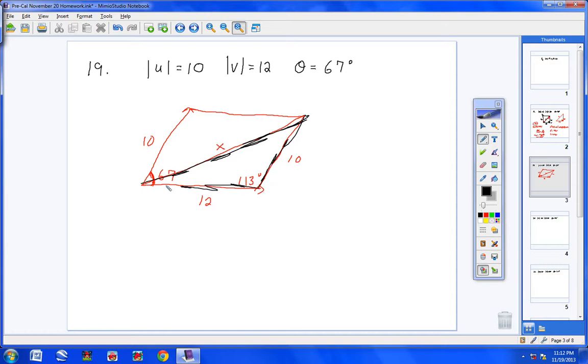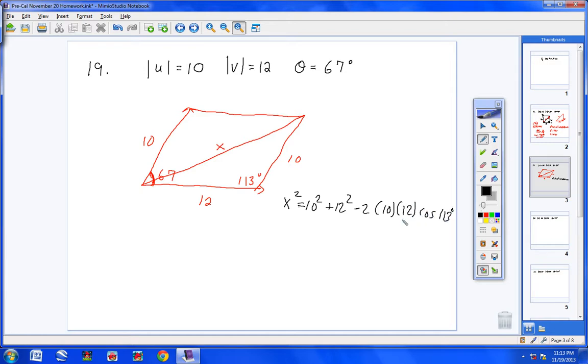I'm now going to solve for x, this length right here, by using the law of cosines. X squared equals 10 squared plus 12 squared minus 2 times 10 times 12 times cosine of 113.